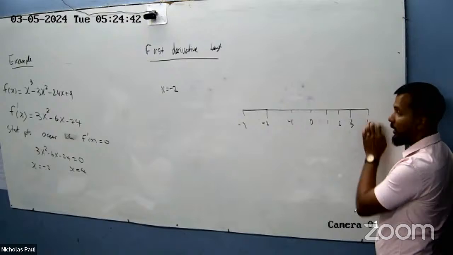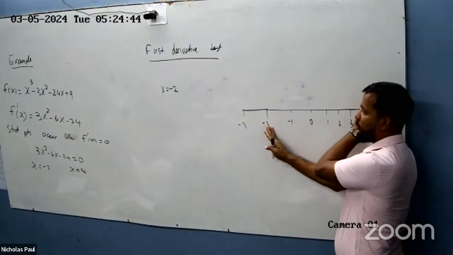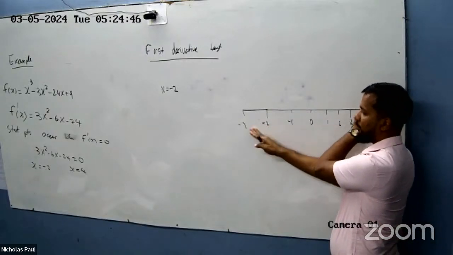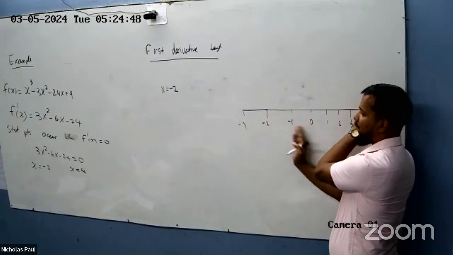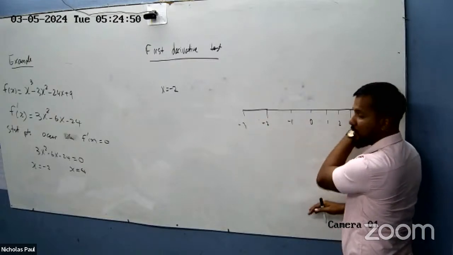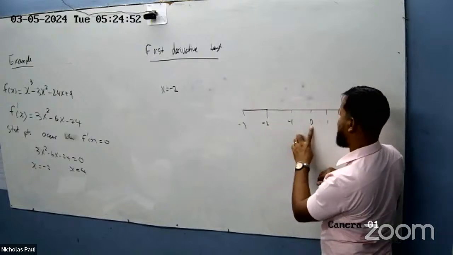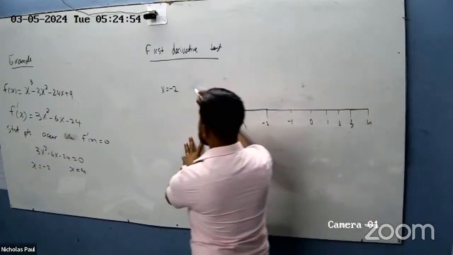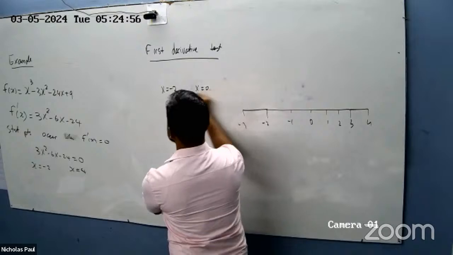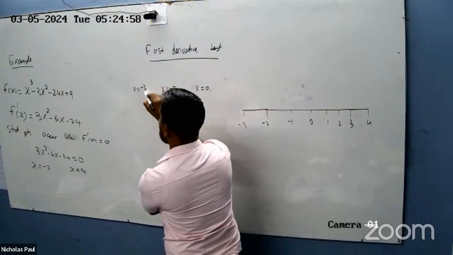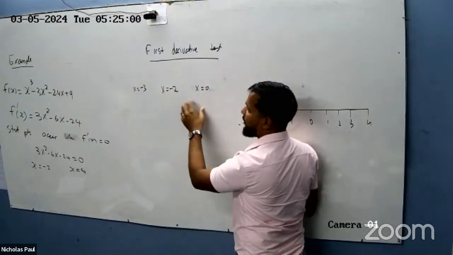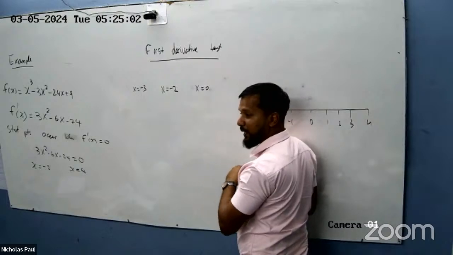You can pick any value around minus 2, more or less than minus 2. So let's pick 0 and minus 3. The reason we're doing this is we want to see if there's a sign change in dy/dx.